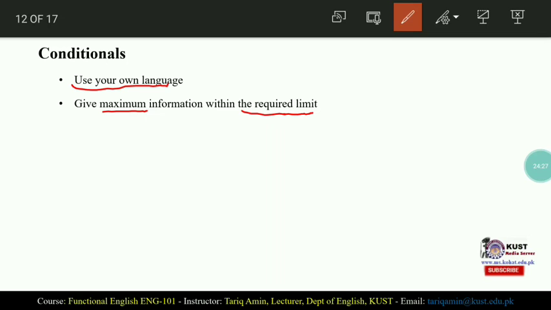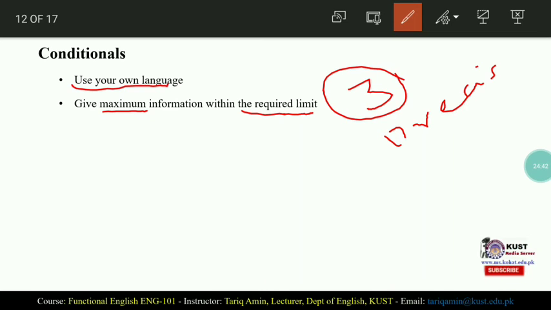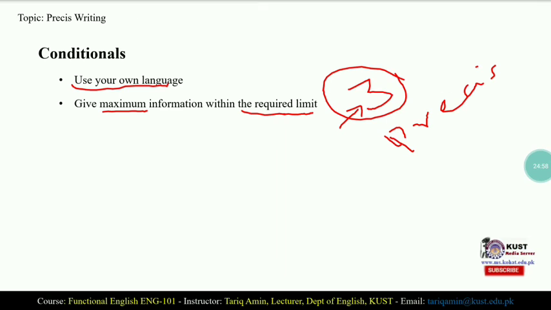For example, if your original piece of writing contains 9 or 10 pages, 3 pages would be the required limit of your précis. Now you need to give more and more information within this required limit, that is 3 pages. You need to give maximum information in these 3 pages, which is the required limit of your précis.